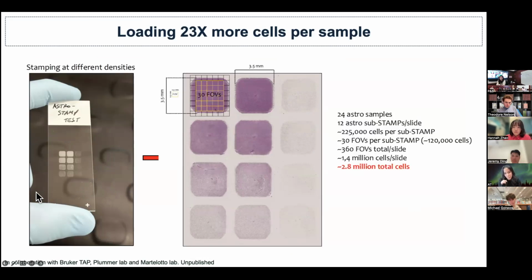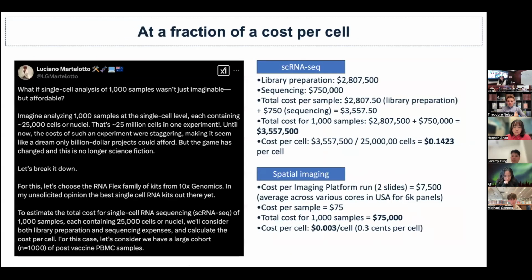In total, for each of the whole slides, we're getting around 3 million cells, which is a far greater number. If you do the cost calculations, we're talking about a fraction of the cost of single cell RNA sequencing for spatial, even if you're considering we're doing whole transcriptome.